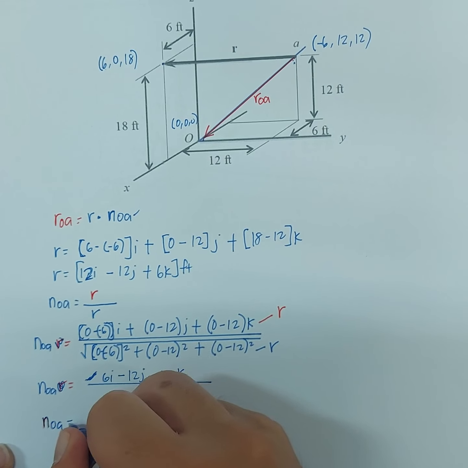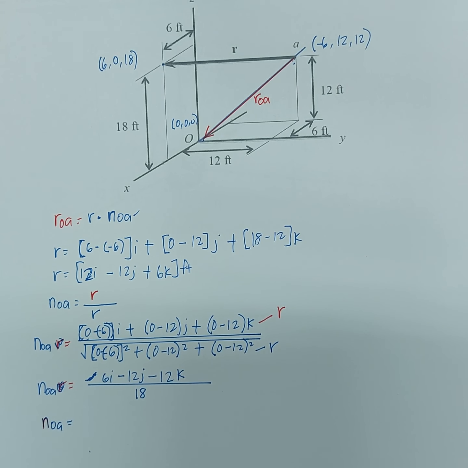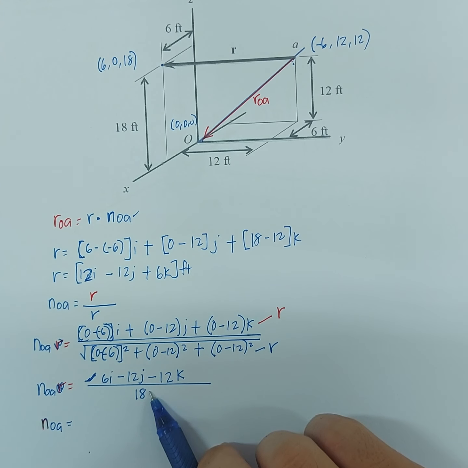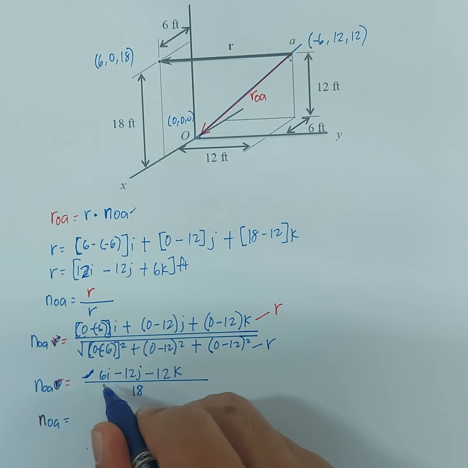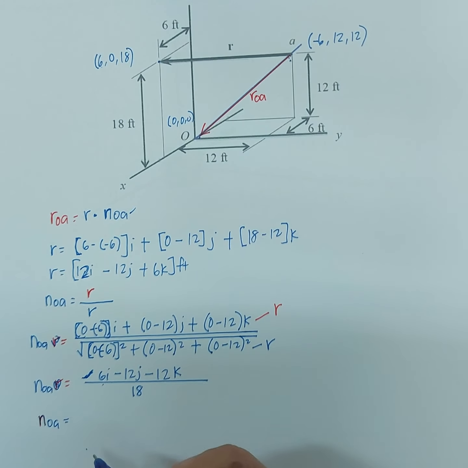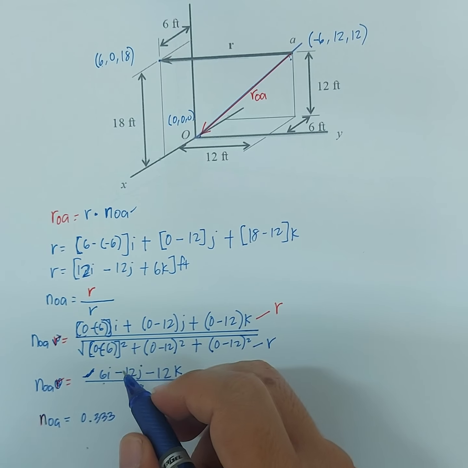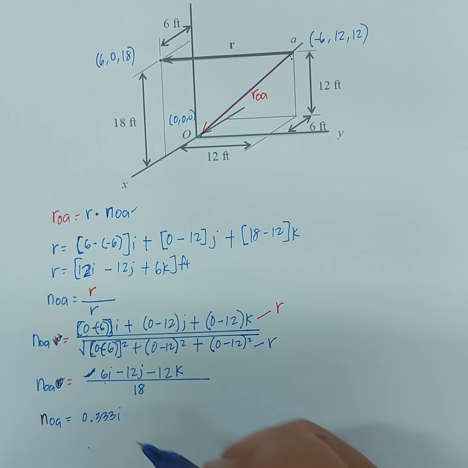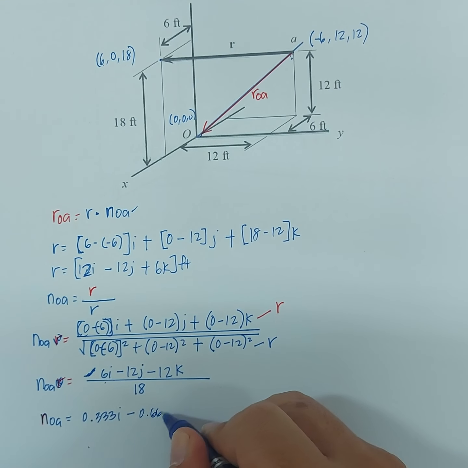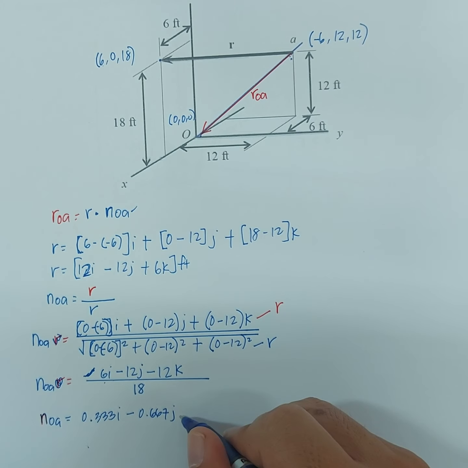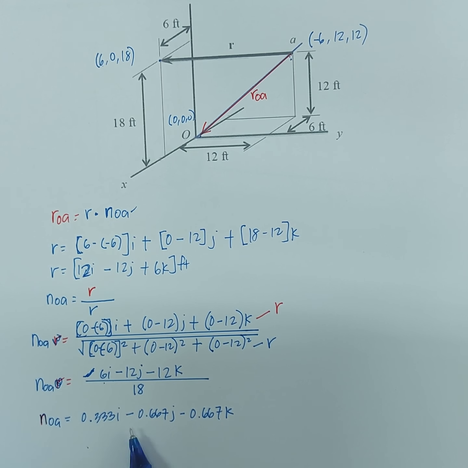So the unit vector is equal to the position vector with each term divided by 18. So 6i divided by 18 is 0.333i, or it can also be a fraction, minus 0.667j minus 0.667k.